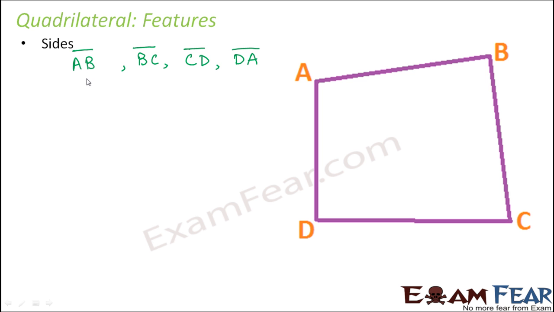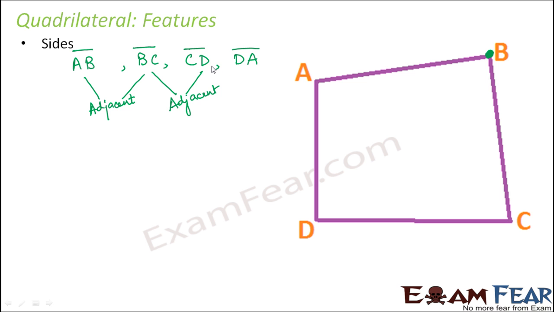For example, AB and BC share a common vertex. Yes, of course, B is a common vertex. AB also has B, BC also has B. So any two sides which share a common point are called adjacent sides. Can you tell me any other adjacent sides? Of course, BC and CD are again adjacent because they have a common point, which is C.